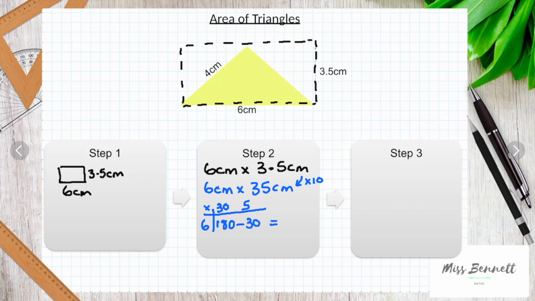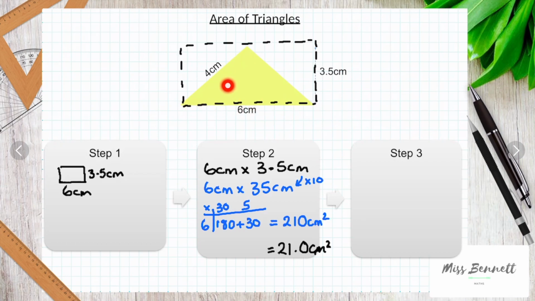Add these two numbers together. I get 210 centimetres squared. Don't forget, you need to divide this answer by 10 because you multiplied this number here by 10. So my final answer is 21.0 centimetres squared.